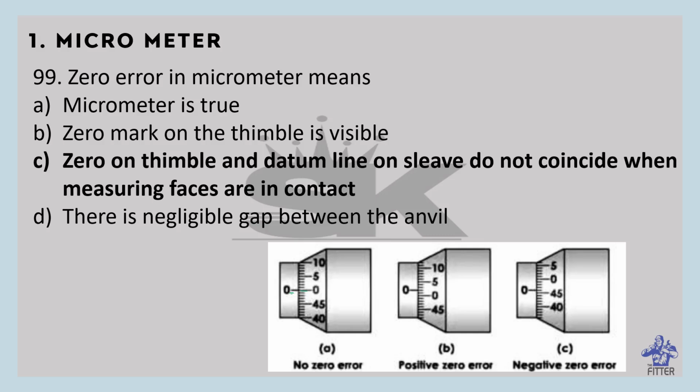But here, positive zero error: zero on the thimble does not coincide with the datum line, it is below the datum line. So thimble reading 0 is below the datum line, that is positive zero error. If 0 on the thimble reading is above the datum line, that is negative zero error.